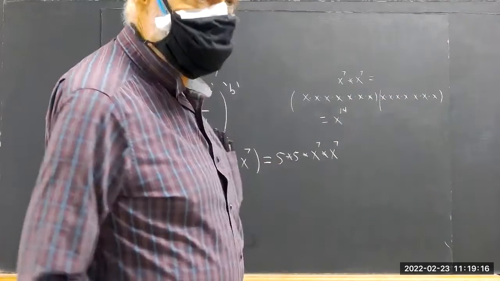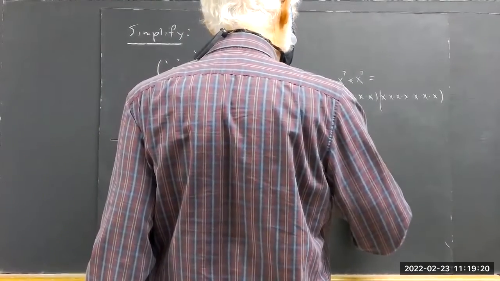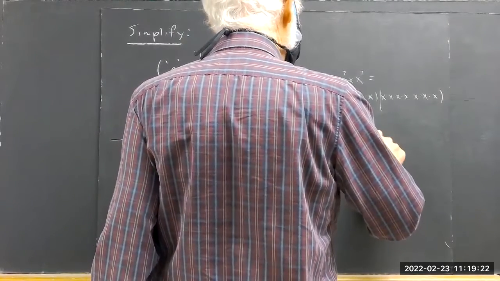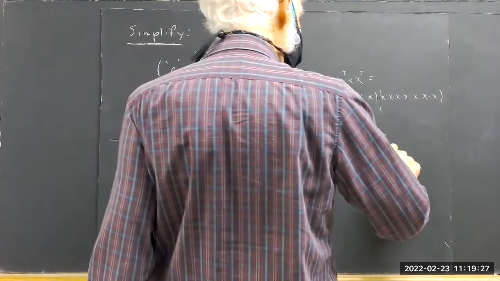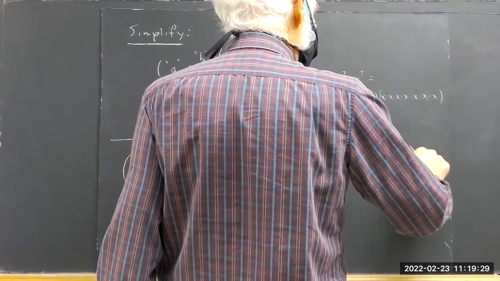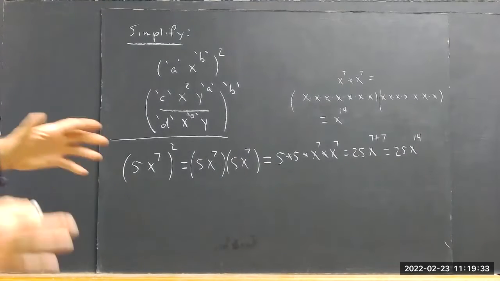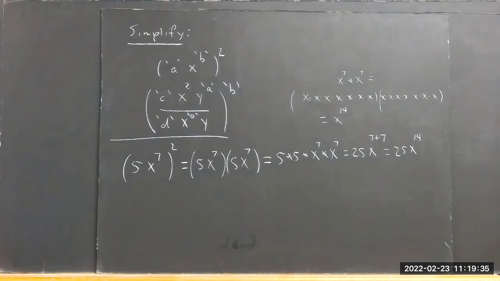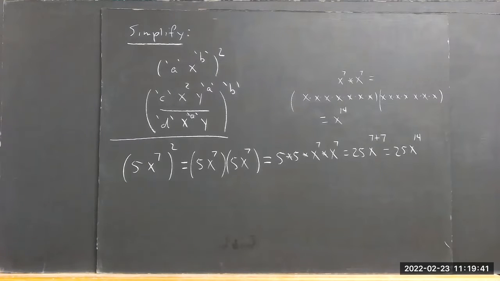And then you can express that in terms of an exponent. So I urge you to do that. But that's then 25 x to the 7 plus 7. You got 7 of these and 7 of these. This is 25 x to the 14. Now you summarize all that in the rule. And if you remember the rule, that's great. But you do want to remember why the rule is what it is.